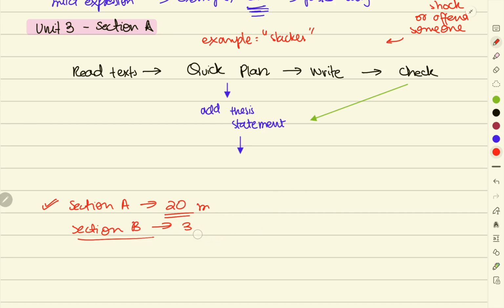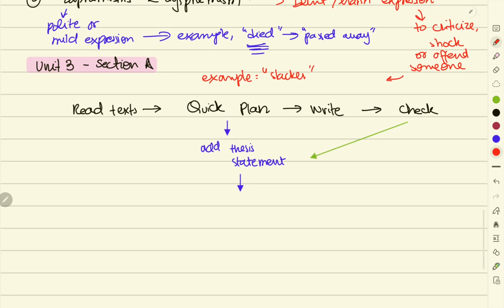So let's talk about how to write better in Section A of Unit 3. Of course you read your text and you might even annotate quickly, and then after you're done reading the text, you move on to the second step, which is a quick plan.